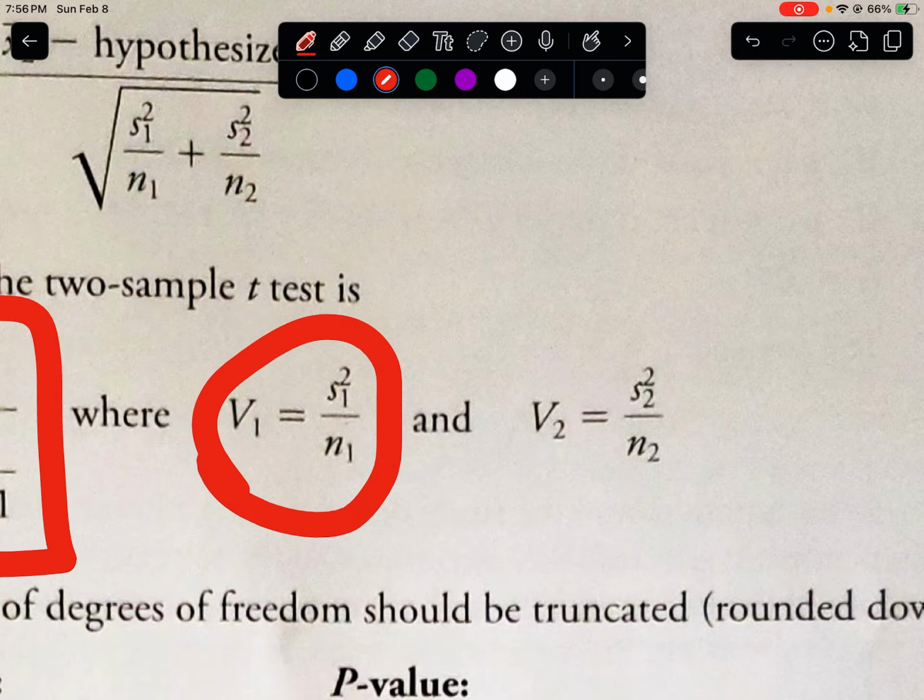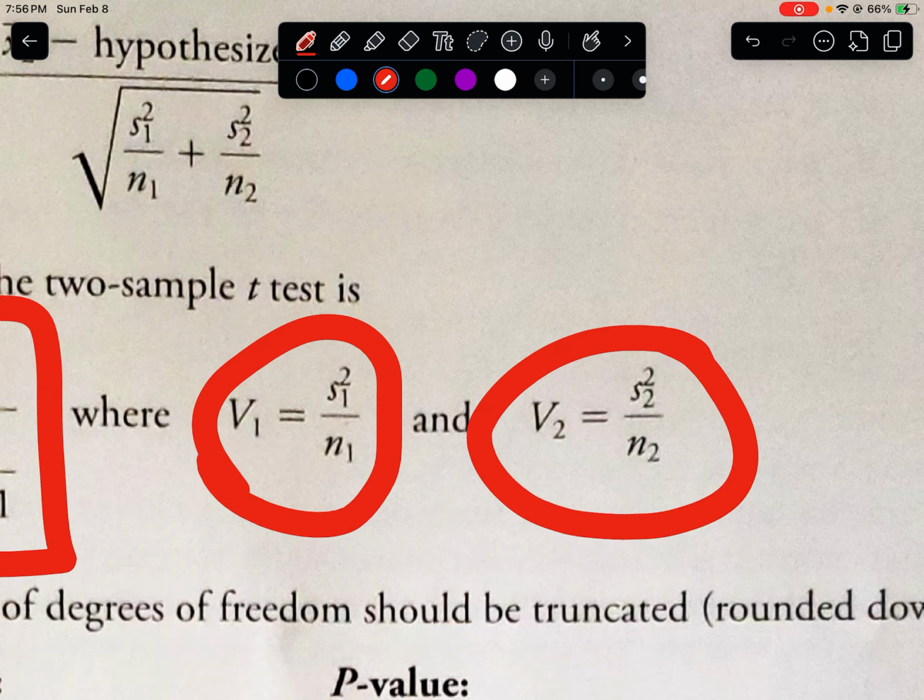And they even have over here, how do we find v1? How do we find v2? S1 is your standard deviation for data set 1. Maybe this is a little mistake I made before.